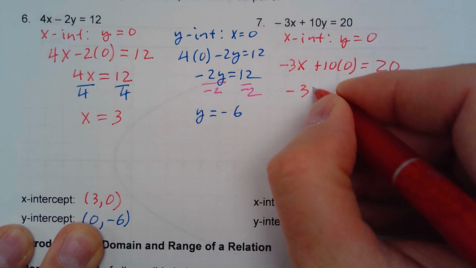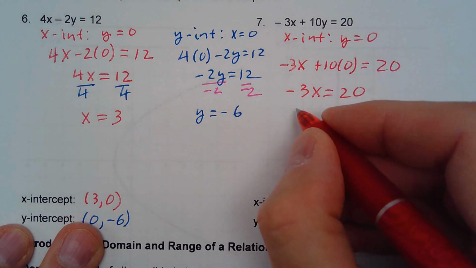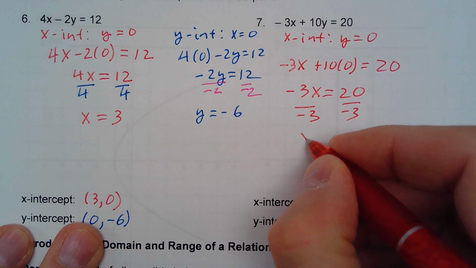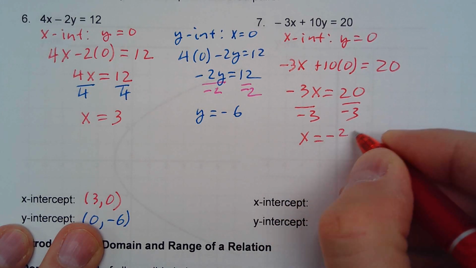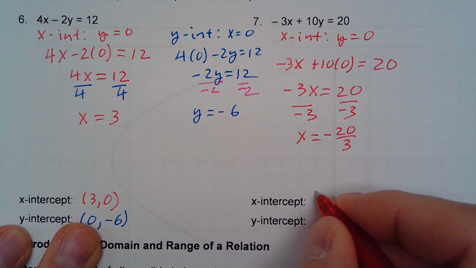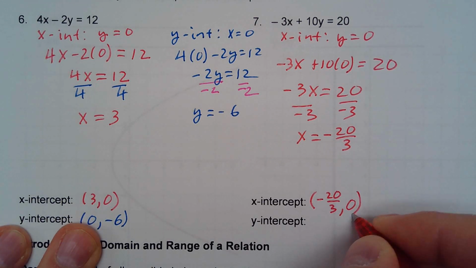So it's negative 3x equals 20. Then we're going to divide by negative 3. I'm going to leave that in fractional form as negative 20 over 3. So when I write my x-intercept, I'm going to write negative 20 over 3, comma 0.